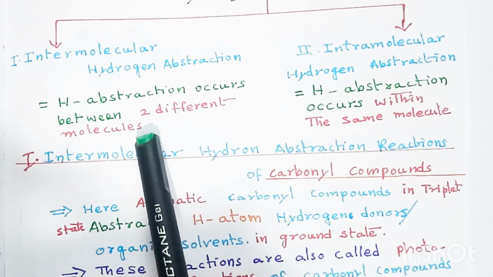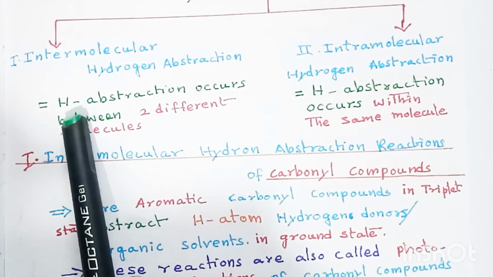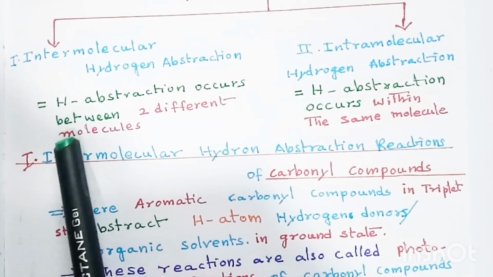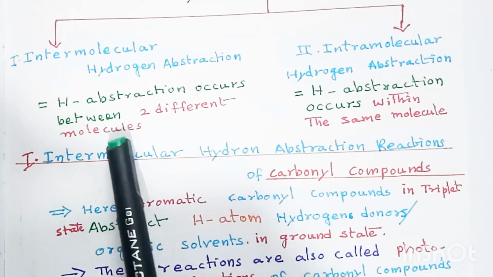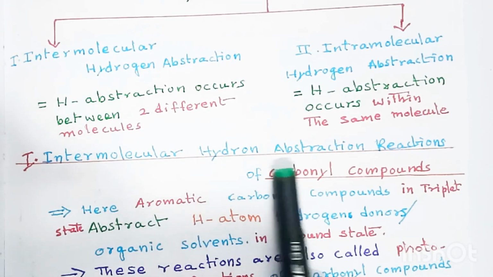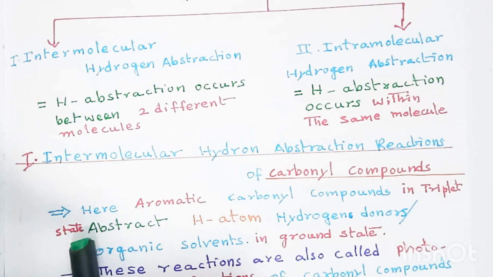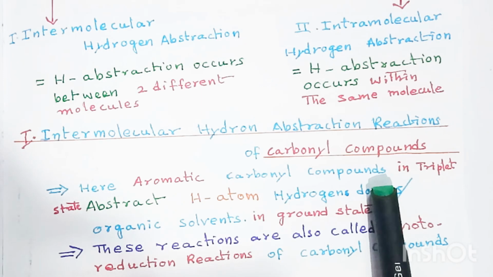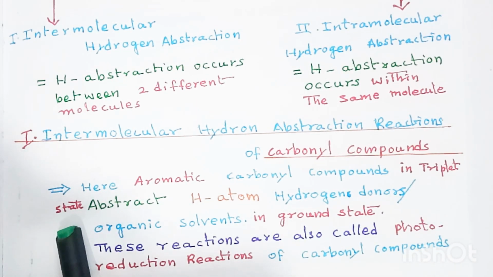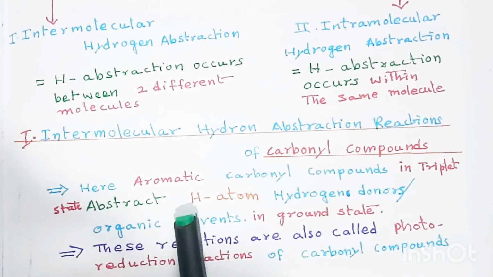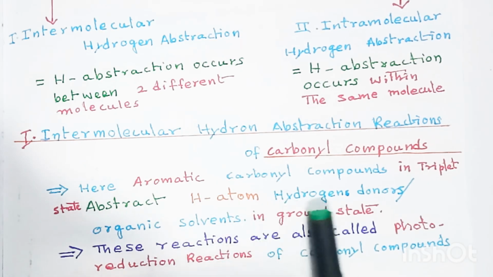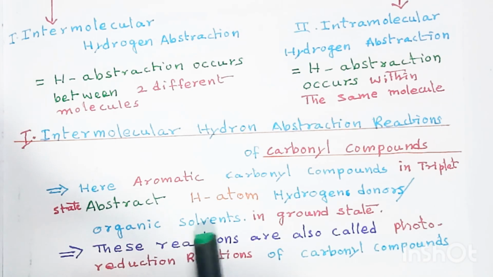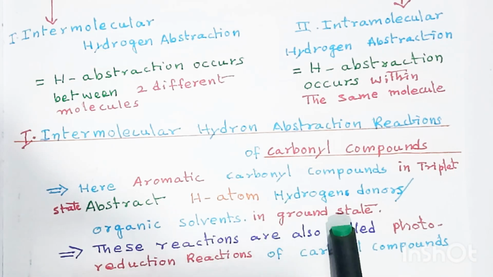As we have learnt previously, hydrogen abstraction reactions which occur between two different molecules are called intermolecular hydrogen abstraction reactions. Here, aromatic carbonyl compounds in triplet state will abstract H atom from hydrogen donors or organic solvents which are present in ground state.